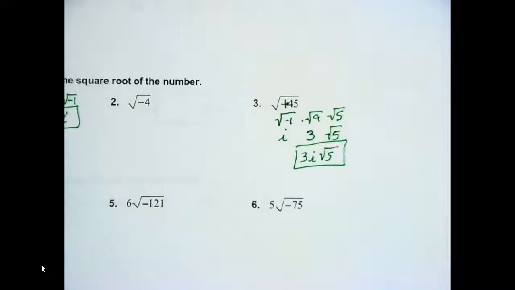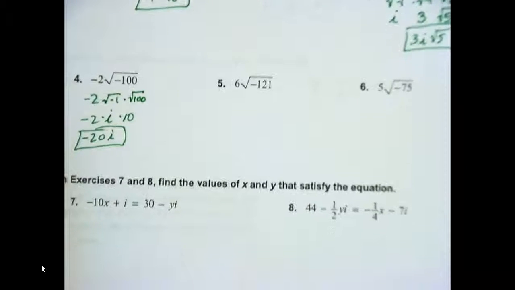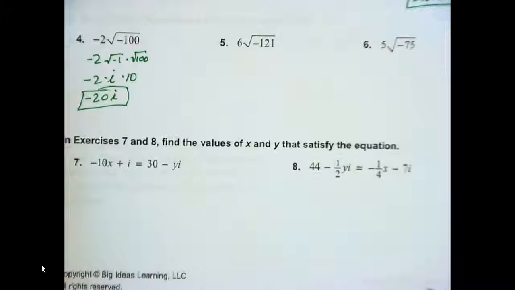Correctamundo. Yep. Well, root -1 becomes i, right? Okay. Yep. No, 25. 5 times 5. I'll come over and help you. Try number 7, please.